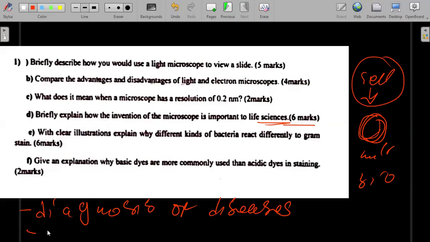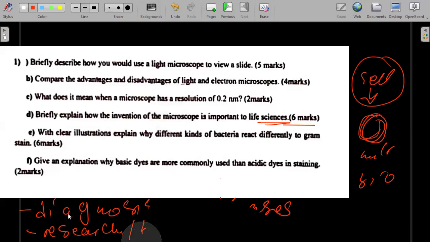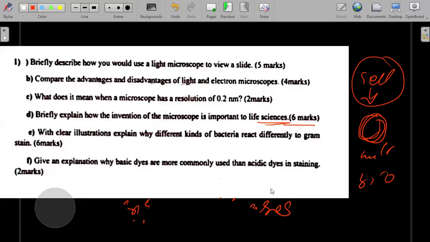We can use microscope for research, isn't it? We can use it in research and in biotechnology. That's another importance of this microscope. What else apart from that? So we have four. Let's give one more point.